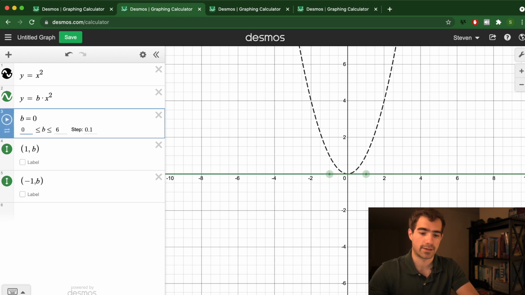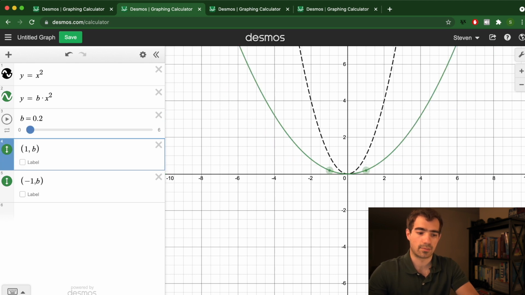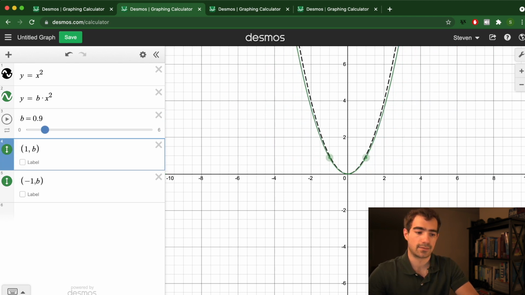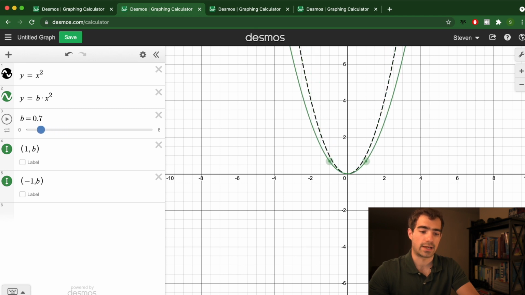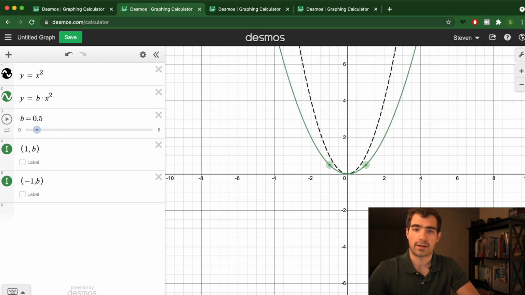But we can put that back because for now we'll focus just on the stretch or compression and see with a factor of 2, we've doubled all of the points, we've doubled the height of that function, and with a factor of 1/2, we've cut the height in half.